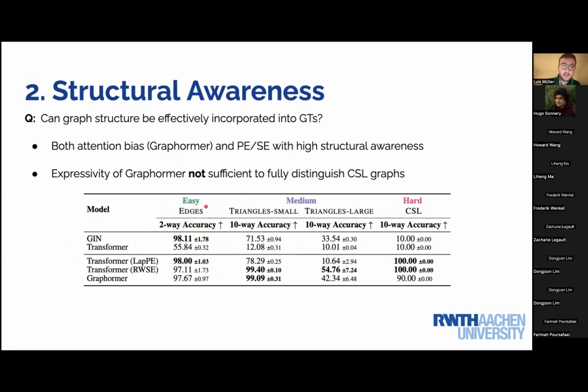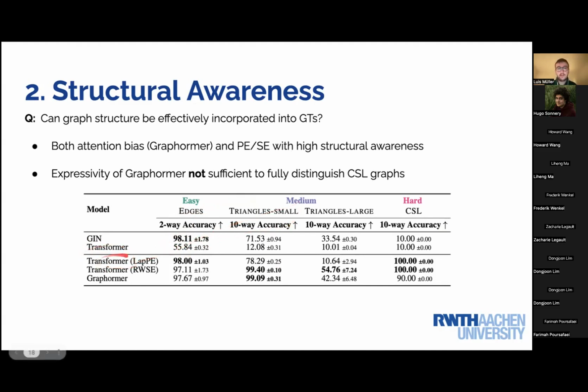The first task, which we call edges, is just about recovering whether two nodes are connected by an edge. It's very straightforward. In fact, the GNN can solve this perfectly, while the vanilla transformer without any structural information does almost no better than random on this task, which is to be expected.